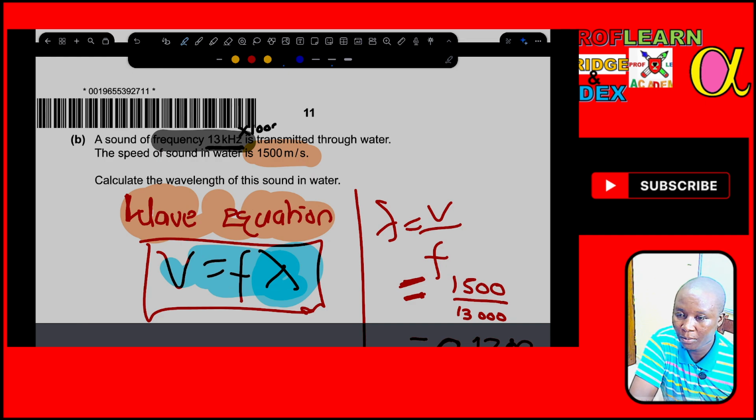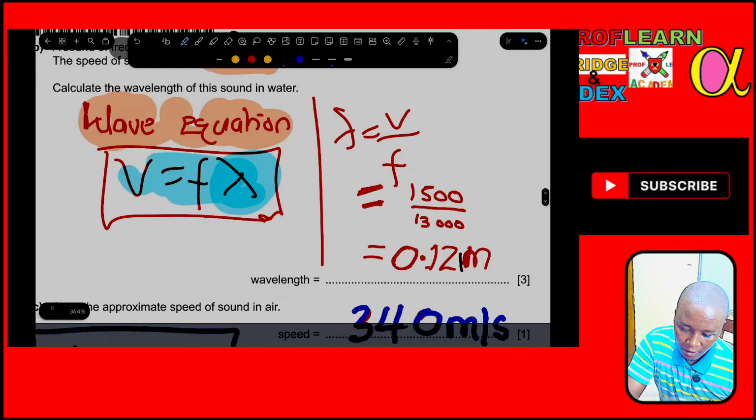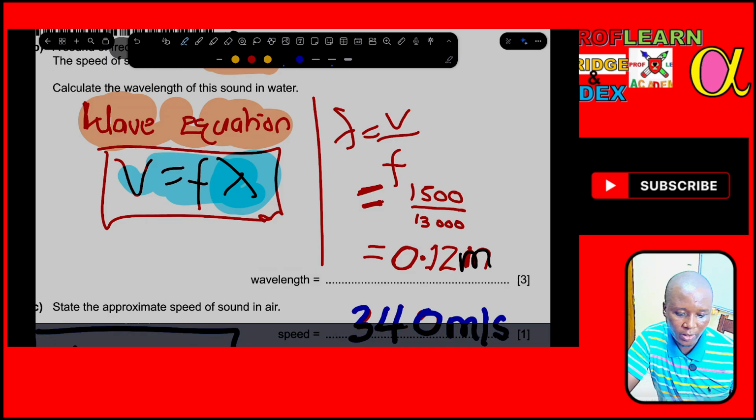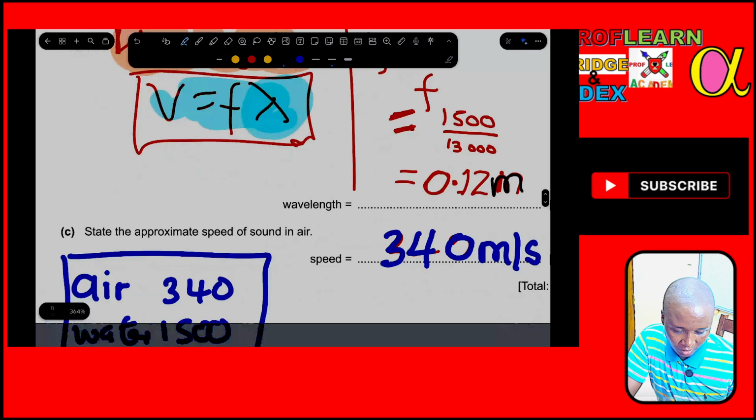That was very important for you to remember in working out this question. So that means we are going to get our wavelength as 0.12 meters. That's quite key, quite critical in the process of working this out.